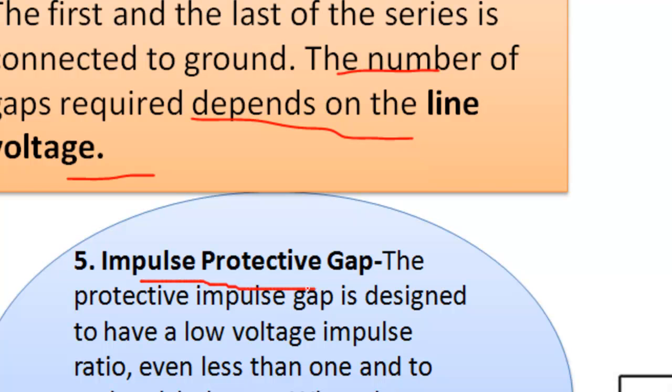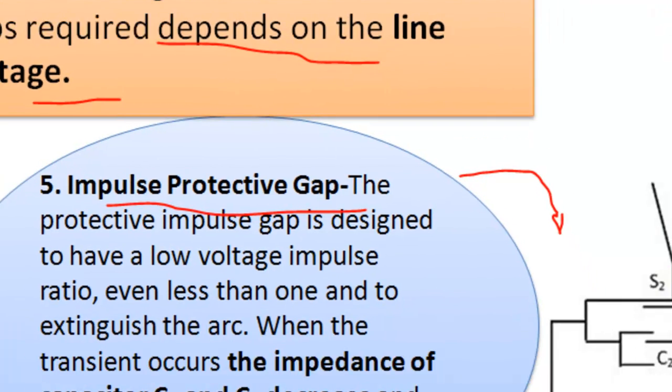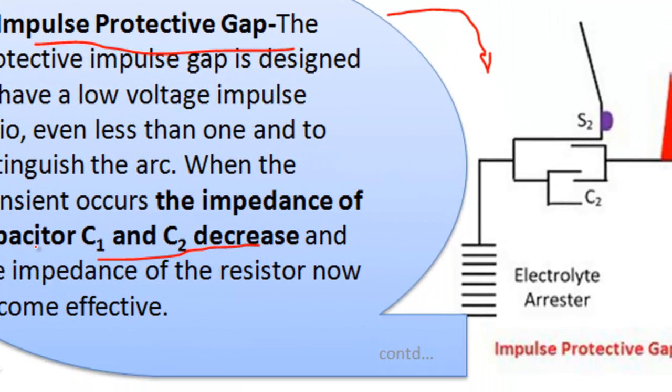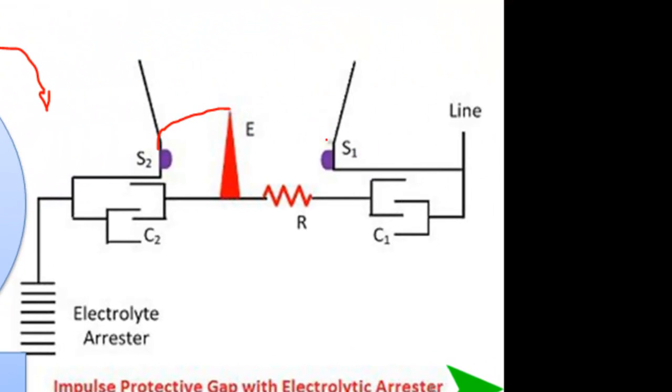This is an impulsive protective gap. In this scheme, the impedance of capacitors C1 and C2 decreases due to the transient, and the impedance of the resistance now becomes effective. How will it happen? Initially these two are connected at this point 1 to 1.